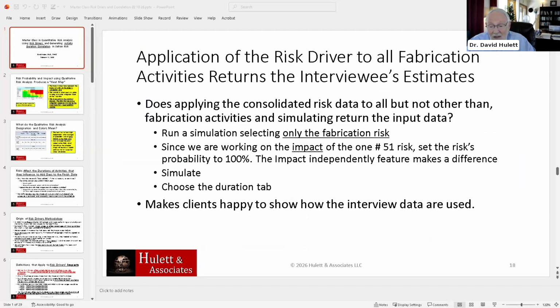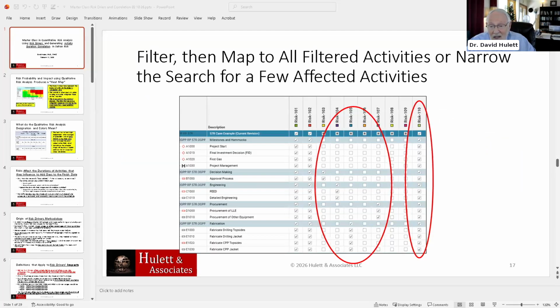Okay, so that's really interesting. By the way, look at this. This is my systemic risk number 110. This one happened to be named something about the weak project team, which is another systemic risk, and that just affects everything until you get it solved.